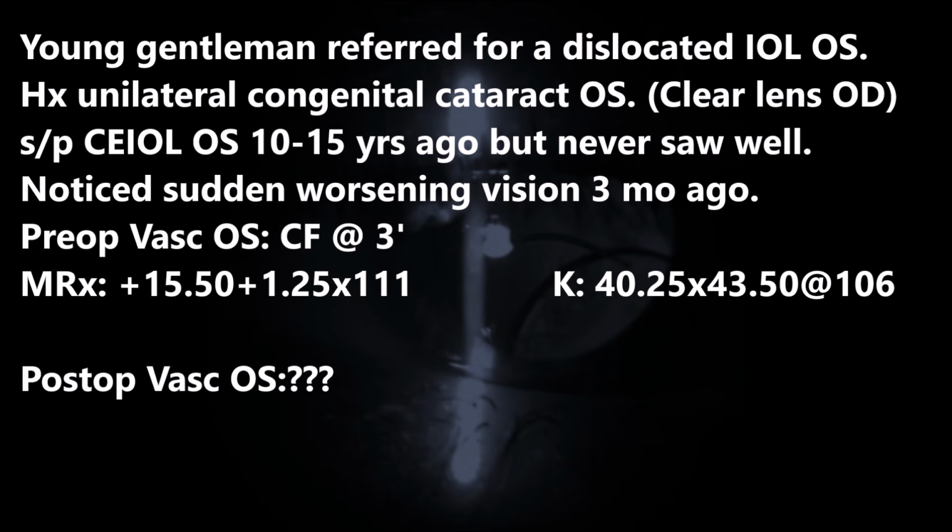So the preoperative uncorrected visual acuity is about count fingers at 3 feet, and the manifest refraction is a plus 15.5 with plus 1.25 cylinder. Now I've documented the Ks here, and the Ks are 40.25 and 43.50, so about 3 diopters of corneal astigmatism. And at the end of the case, I'll show you what the uncorrected postoperative visual acuity is.